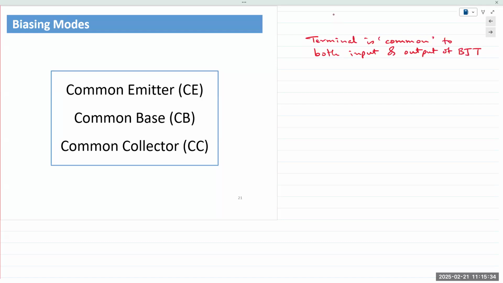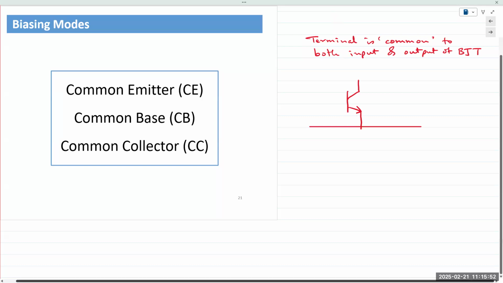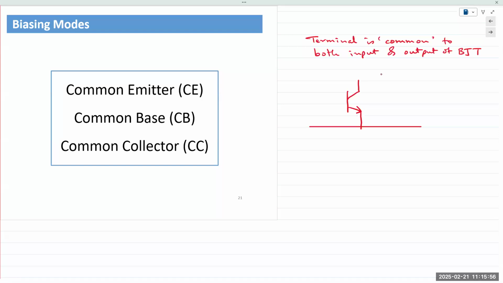Common emitter is when we have the emitter common to both the input and the output. And again, we'll restrict our discussion only to NPN transistors, but it applies equally to a PNP transistor also.